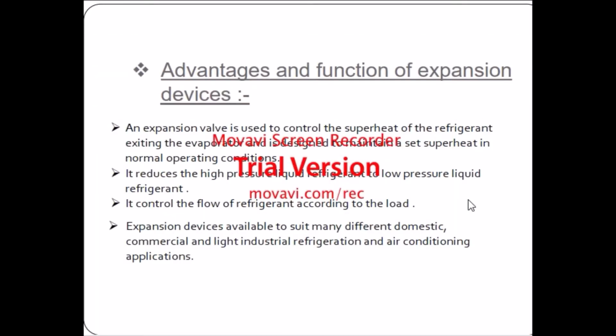Okay, we go to the advantages of the expansion device. The first one, an expansion valve is used to control the superheat of the refrigerant exiting the evaporator and is designed to maintain a set superheat in the normal operating condition.